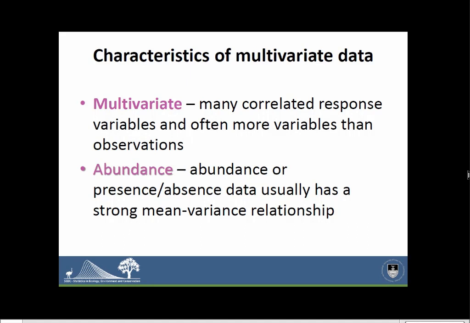And also that you're dealing with abundance data. So abundance or presence-absence data usually has a very strong mean-variance relationship. So as your mean gets higher, your variance gets larger. And those are the two characteristics that mvabund is trying to incorporate into the analysis.